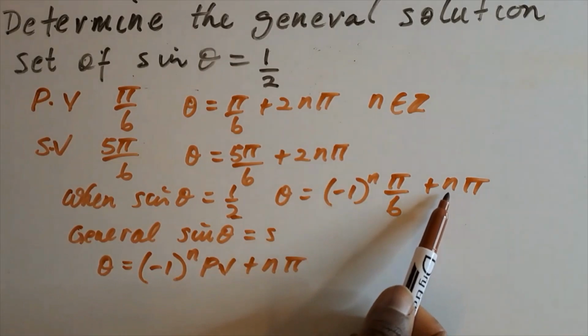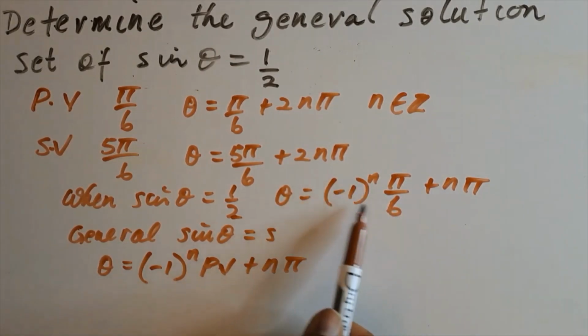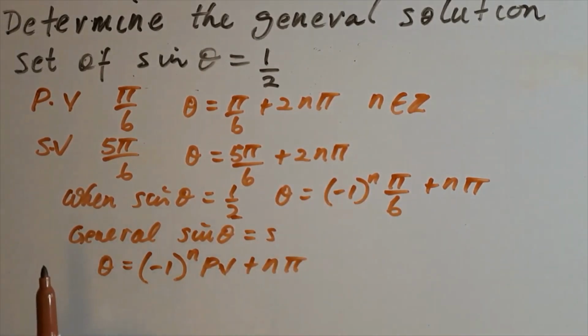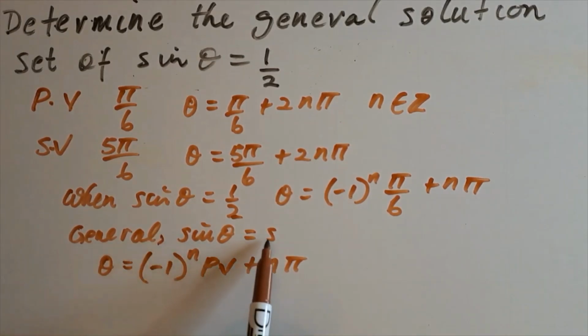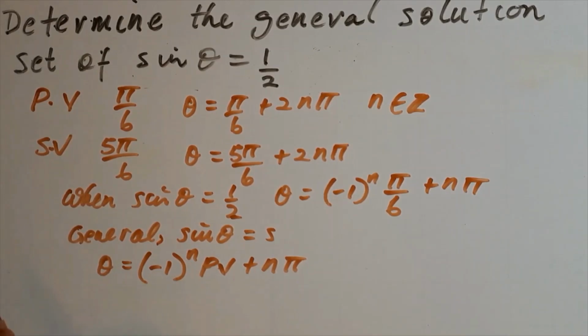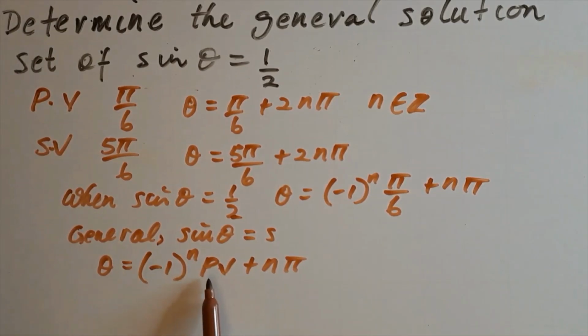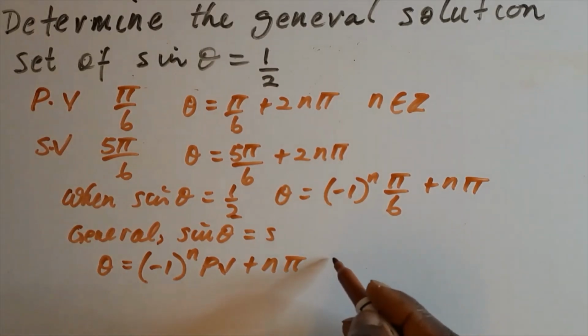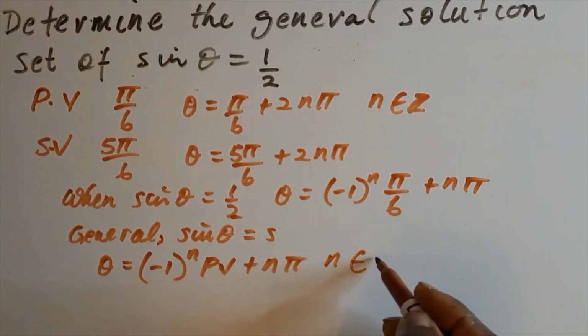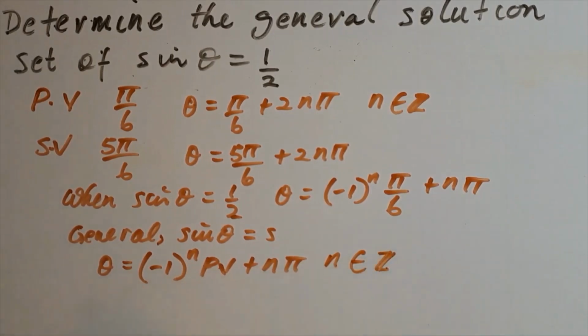When n is even, this will give you a positive result, as expected. So this is a compact way of writing in general, whenever you have sine theta equal to s, theta can be written as minus 1 raised to the n, using just the principal value, plus n pi, where n belongs to the set of integers.